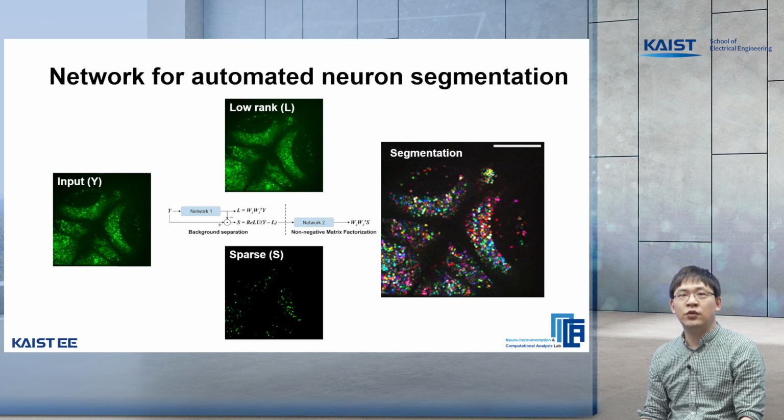We can cascade two networks, where the first network performs the sparse decomposition, and the second network can further process the activity of the neurons and automatically segment the neurons in the video. The important thing is, just like the previous example, this network does not require any training data, it is very fast, and it can handle extremely large data.